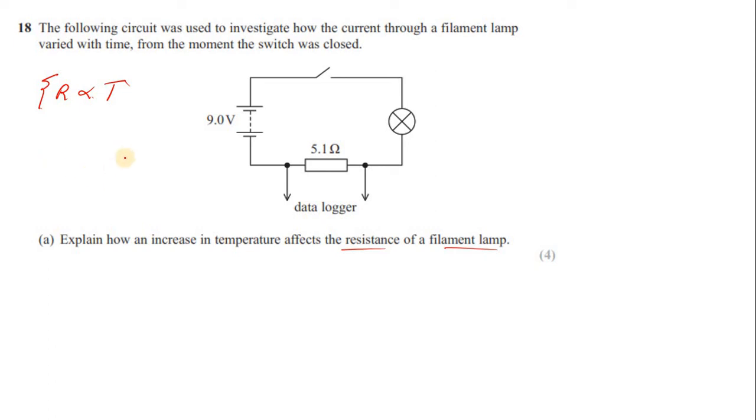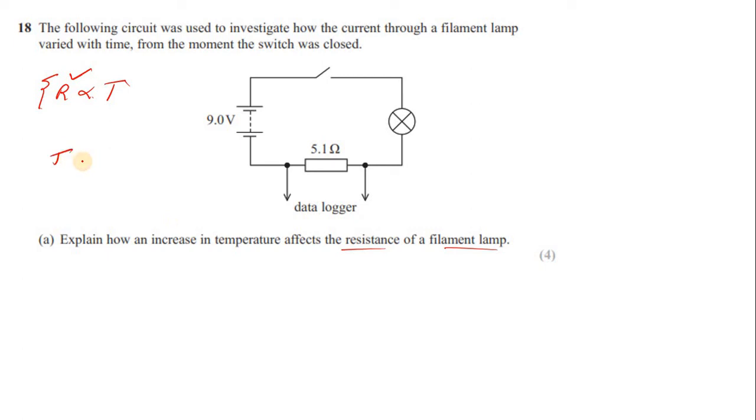When temperature is increased, because the filament lamp is made of metals, high resistance metal, the atoms in the filament oscillate with a larger amplitude, and that larger amplitude causes more collisions. So collisions increase, so current is decreased. That's why resistance is increased.